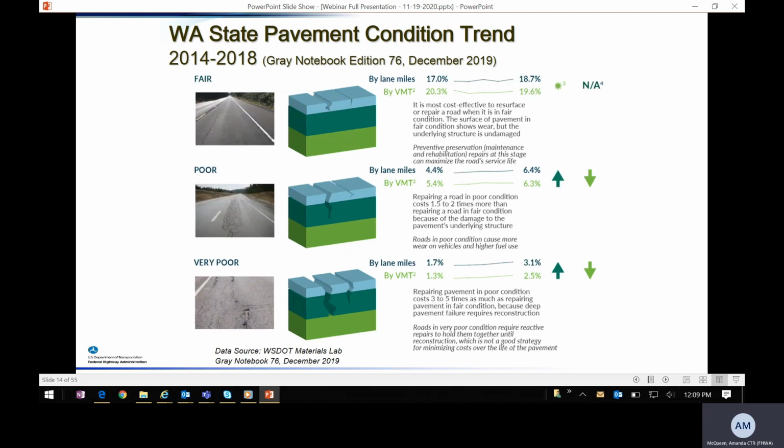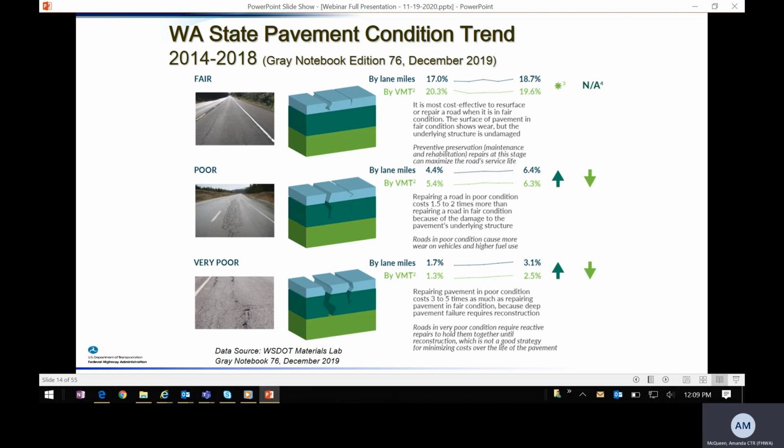This is a little bit of a repeat of the previous slides, but it shows fair, poor, and very poor condition. These are the condition levels that we're most interested in terms of how we maintain our pavements. And a lot of interesting information here. What this is showing is that fair condition is the most cost-effective range to do preventive treatments.